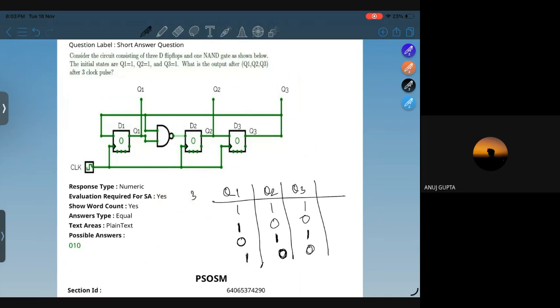Wait, let me write equations for this. So Q3 equals Q2, Q2 equals the complement of Q1 and Q3, and Q1 equals Q3.